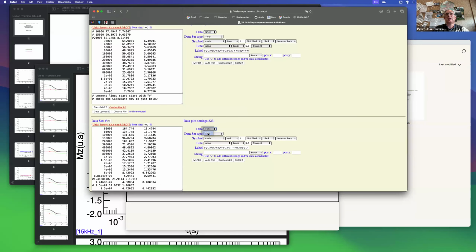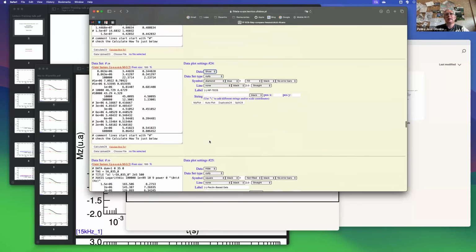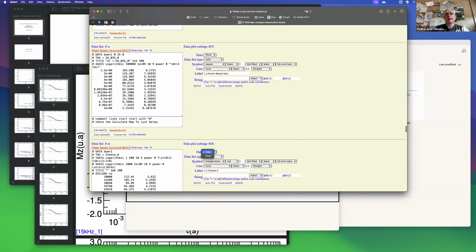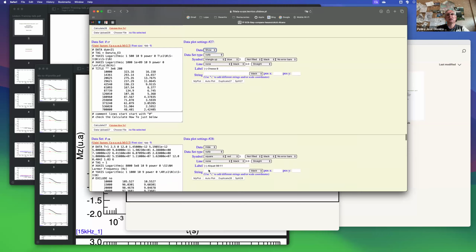Lots of data I collected for this. But in the end, what I want you to take back, I will try to summarize in a moment.